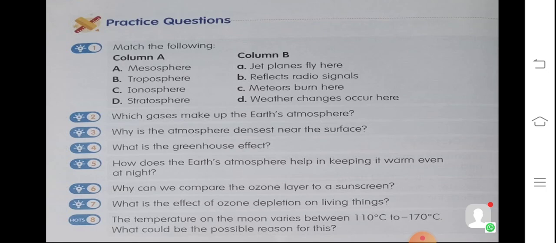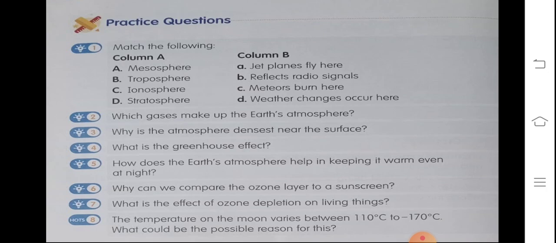The gases in the atmosphere, mainly carbon dioxide, trap these rays and do not allow them to go back. Due to the trapping of these rays, the atmosphere stays warm even at night, making the temperature of the earth suitable for survival of life.